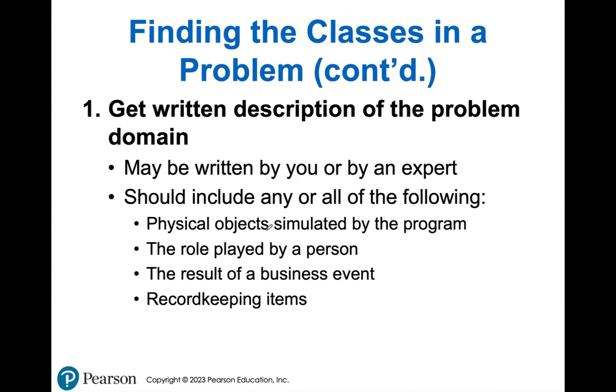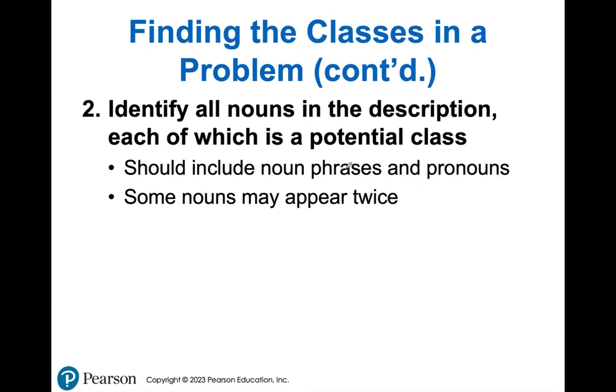What should be included in those descriptions are physical objects that are simulated by the program, then the role played by a person, if there is one, of course, then the result of some sort of event that happened, and record keeping items.